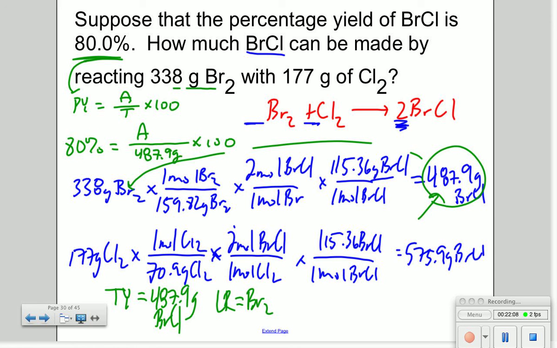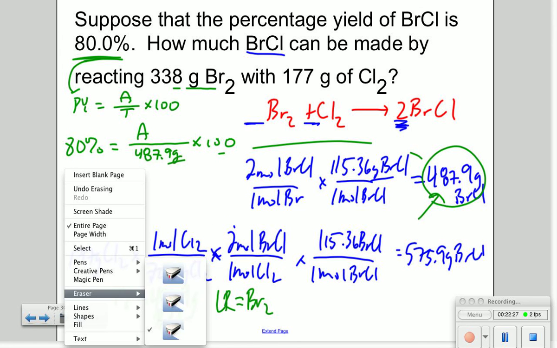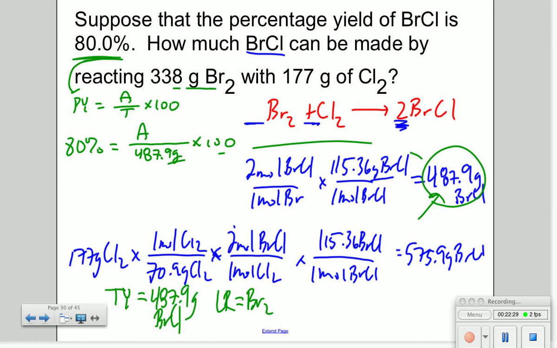So if I take 80 divided by 100, I get 0.8. Oh boy, I'm out of space here. Okay, I am just going to erase this. Go back to my pen. So I have 0.8 equals A divided by 487.9 grams.